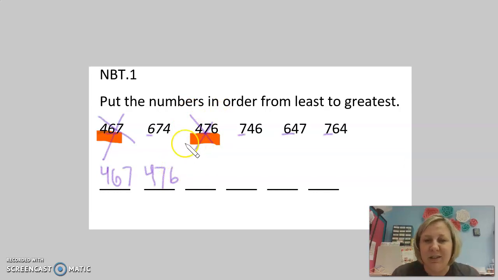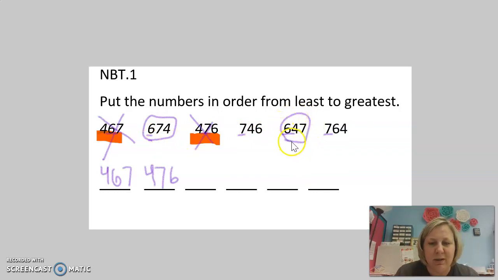Now, I start at the hundreds again. 600, 700. Oh, 600 is less than 700, so I know it might be this one. Maybe. And if I keep on looking at the other ones, ooh, this one has a 600 too. And that one's 700. So I know that the 700s can't be next.